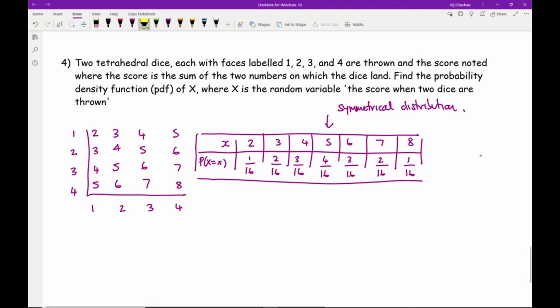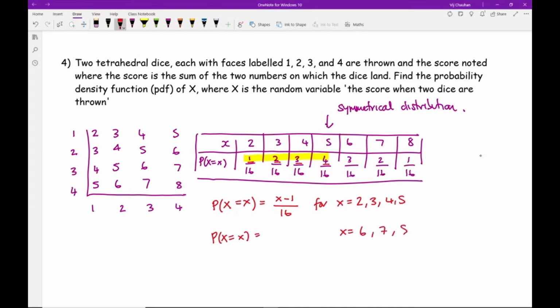Looking at these values, I notice that the probability that X equals x can be represented, and these values are 1 less than the x values. So here I've got x minus 1 over 16, and that's for values of x where x is 2, 3, 4 and 5.